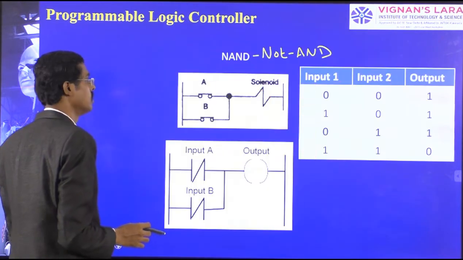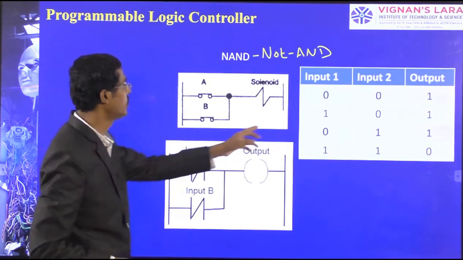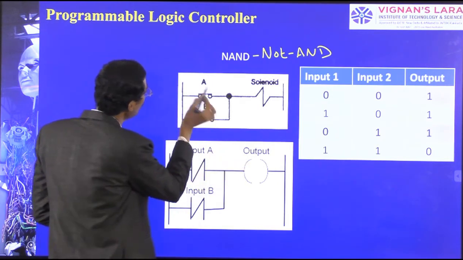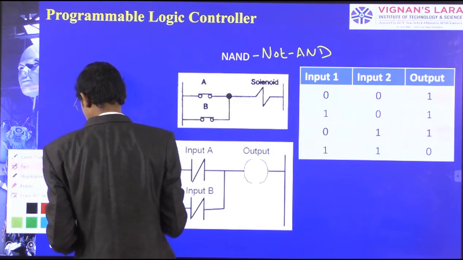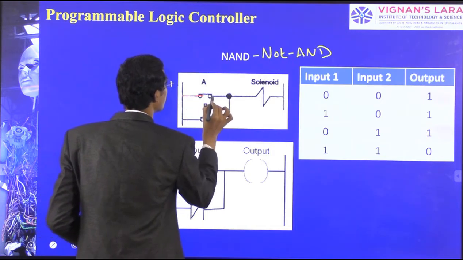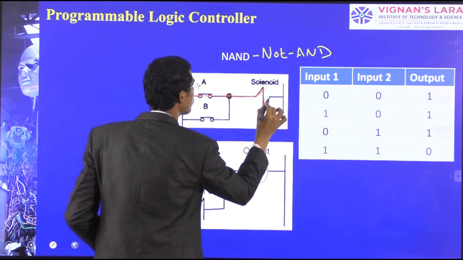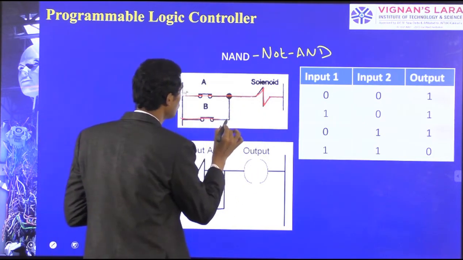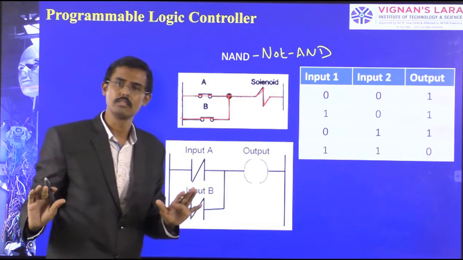So not at all touched. You see the electrical connection here. Here already the circuit is in supply. I have not touched. Here also the circuit is in supply. I have not touched.